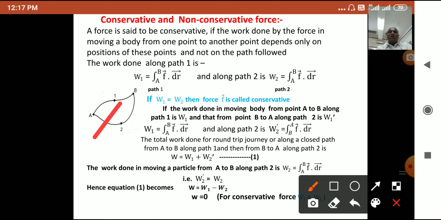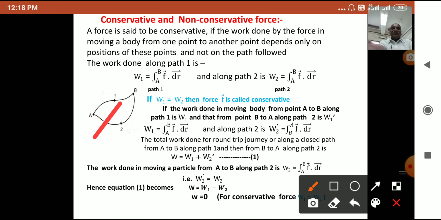Now the work done when it goes from position A to B along path 1 will be W1, so the integral is from position A to position B of F dot dr. Along path second, particle goes from A to B but along path second, so the work done will be F dot dr. Now if W1 is equal to W2, meaning the work done by the force to move the body from position A to B along path first and along path second are equal, then this force is said to be conservative.